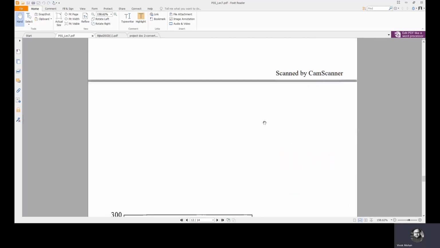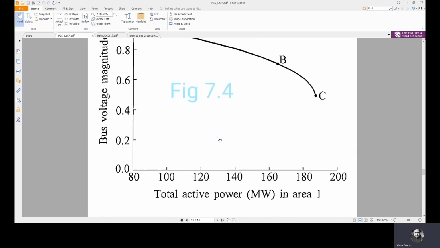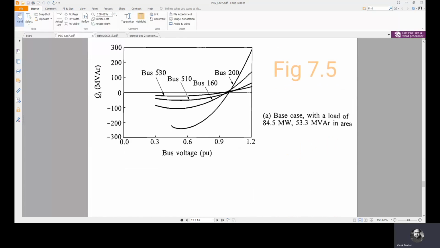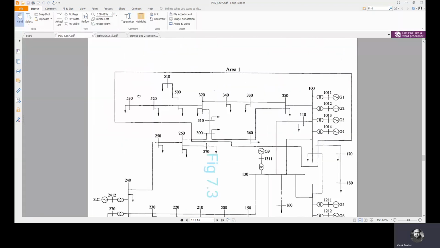So what is done is step by step we are incrementing the loads at these buses 530, 520, and these buses we are increasing the load. You can see here the buses 530, 510, 160 and 200. Let's see first 530 and 510.